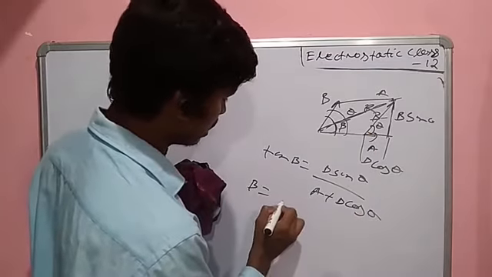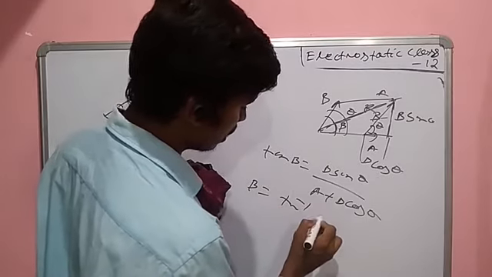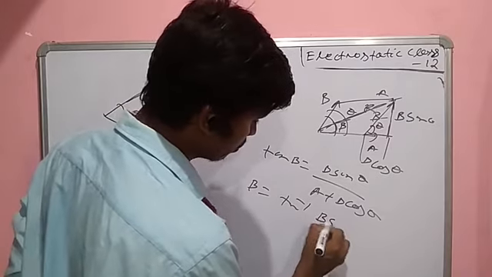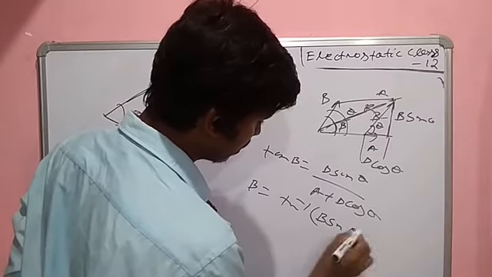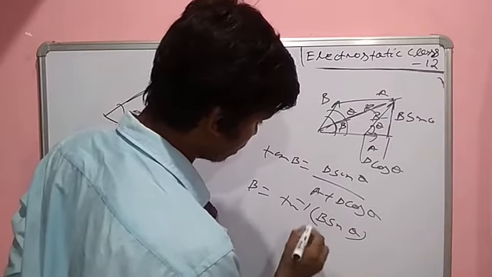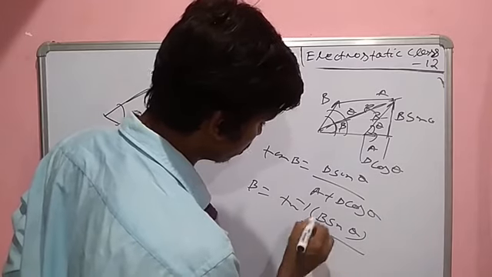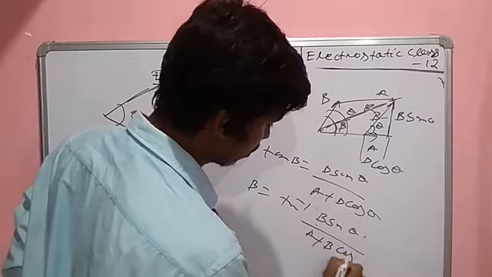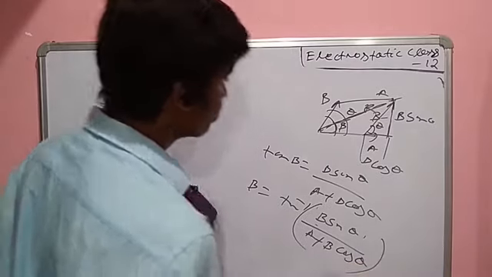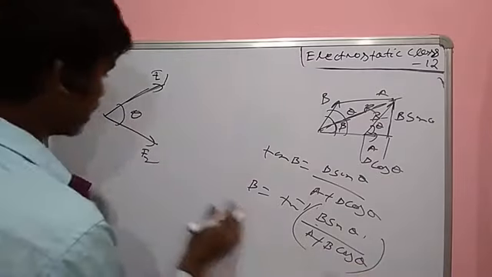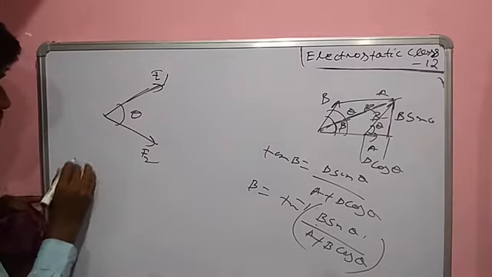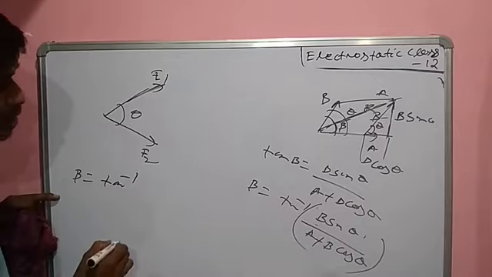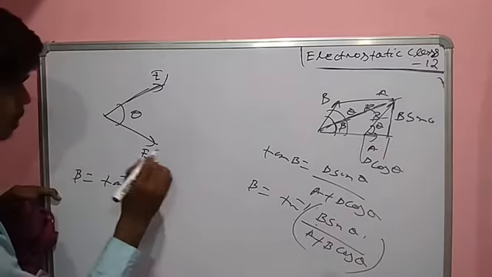Beta is tan inverse of B sin theta by A plus B cos theta. Similarly, in electric field, the direction of the net electric field, beta, is equal to tan inverse of what?